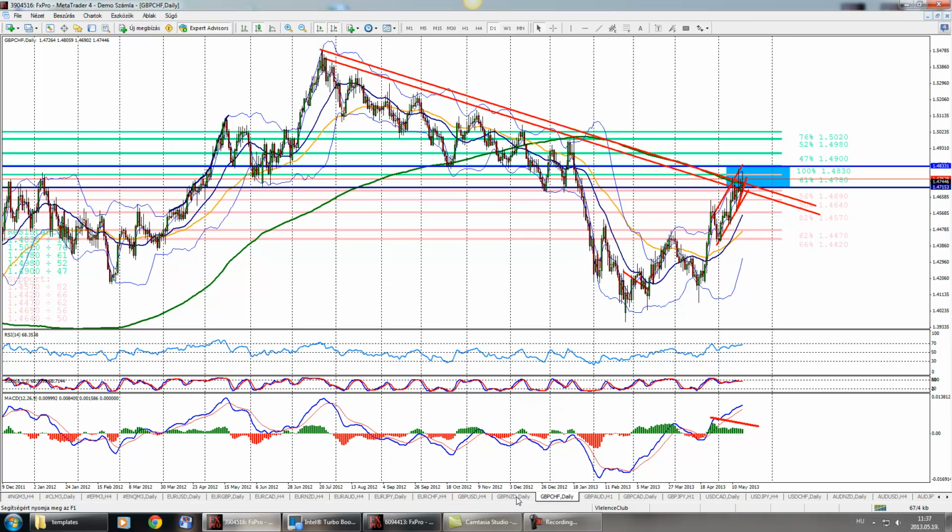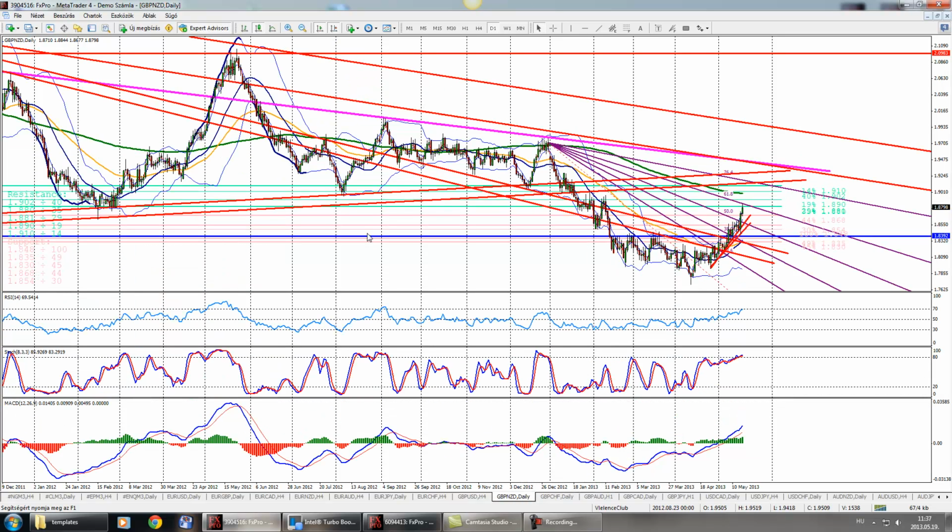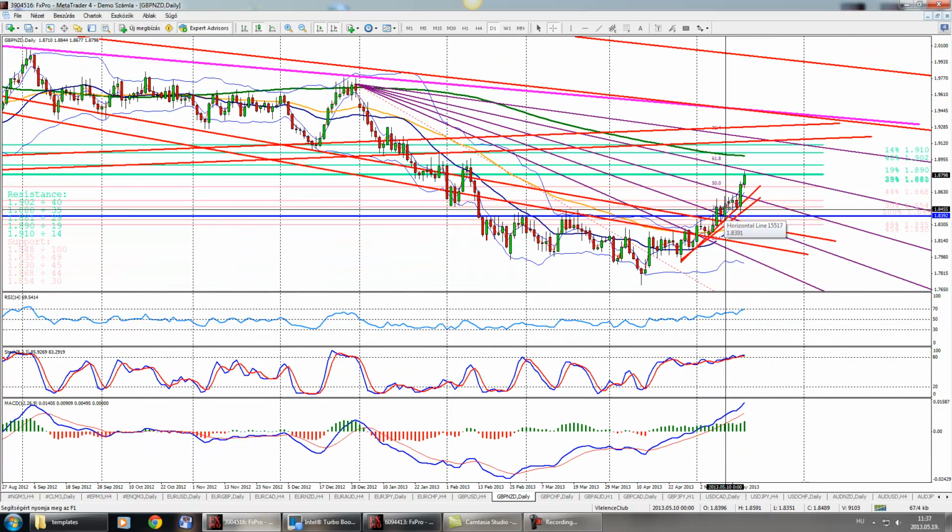The next one that I want to show you is the pound New Zealandian, and it was a perfect entry in the middle of last week, because we waited to close above the 184 level and the retest was also perfect with this bearish candle, so we could enter this trade and enjoy.